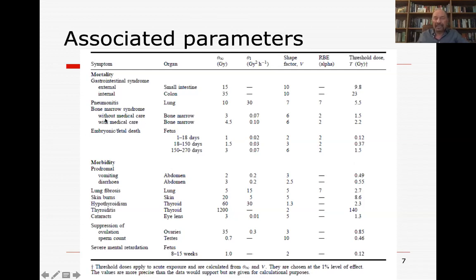So you see there are many, the mortality I told you before, the gastrointestinal syndrome, external and internal. You can also have it by internal exposure, then you need a higher dose in the colon.